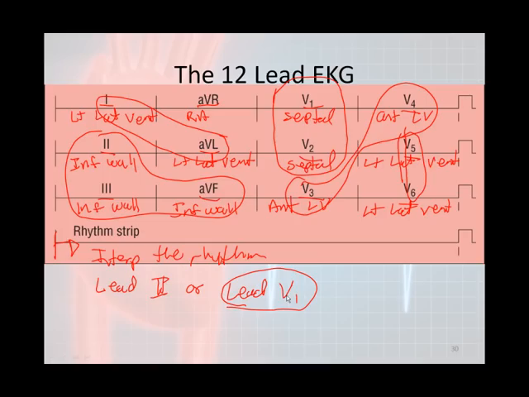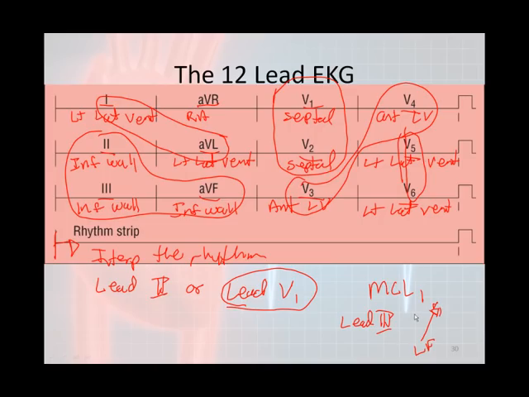Since we didn't have V1 on the monitors, what we used to do is use a lead called MCL1. This is a modified chest lead. What you would do is switch the monitor to lead 3, and then move the left foot lead from the left foot up to the V1 location.